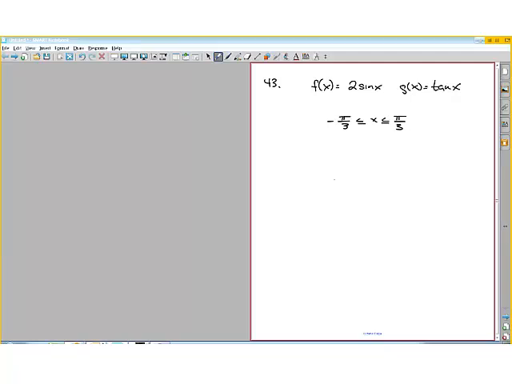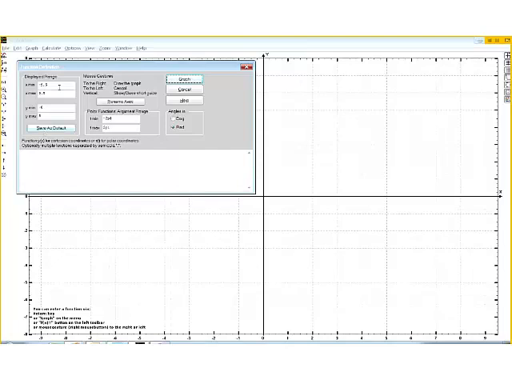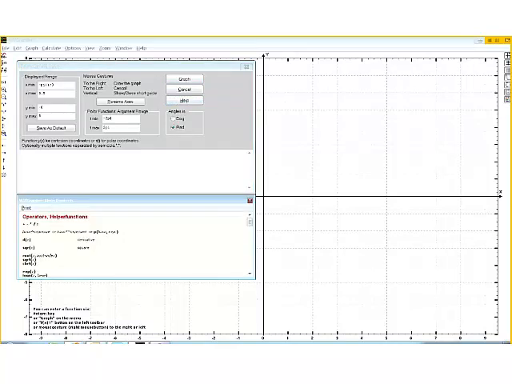So let's go graph those. And let's put the limits in here so we just see what we need to see. Negative pi divided by 3. I think that's the way to do it. Let's go to help and find out. I always forget.